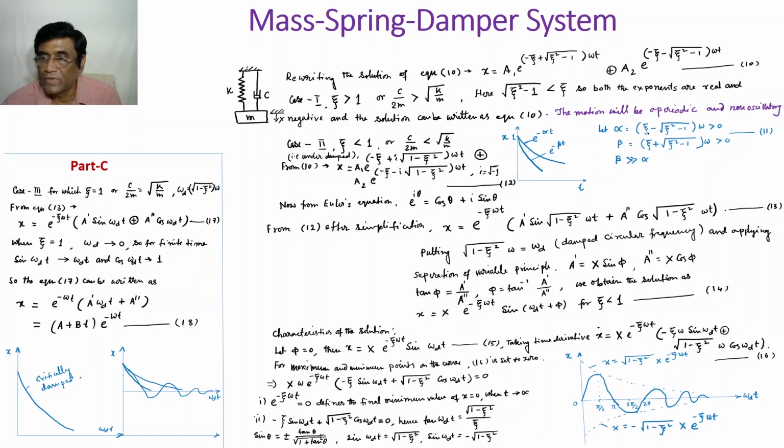But even here you can see, say alpha equals zeta minus root over of zeta square minus 1 times omega, which is greater than 0, because this is less than zeta definitely, and beta is also greater than 0. And you see beta is much bigger than alpha, isn't it? Because with this you are adding something which is a little bit small, and here you are subtracting. So what does it signify?